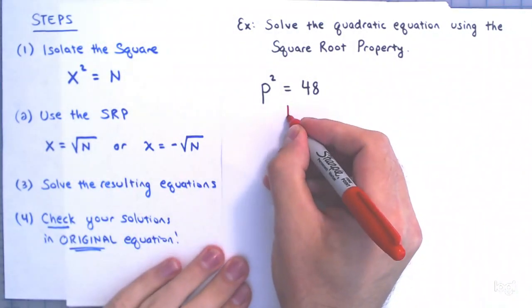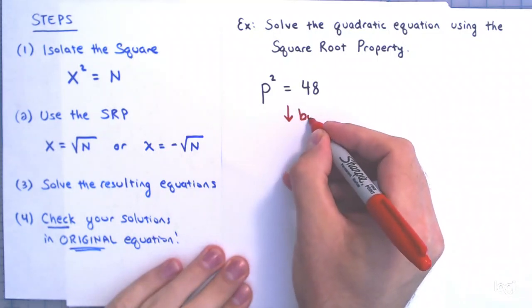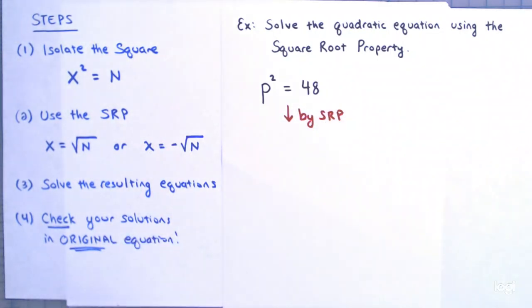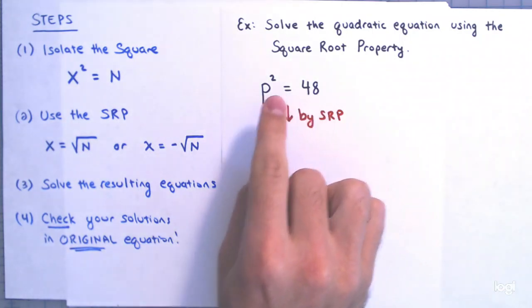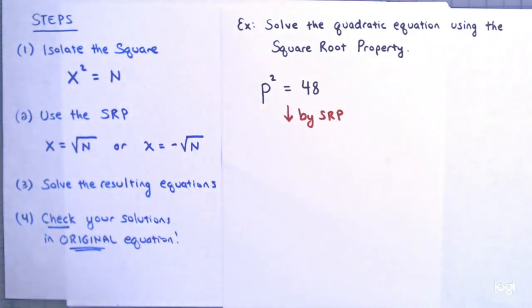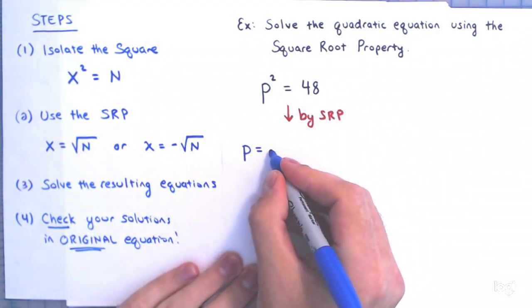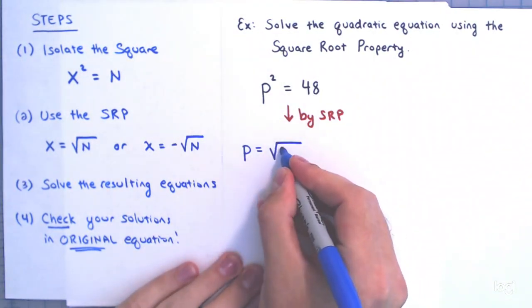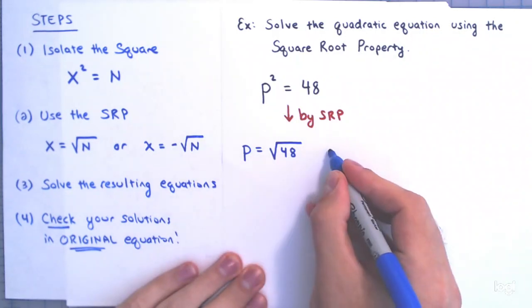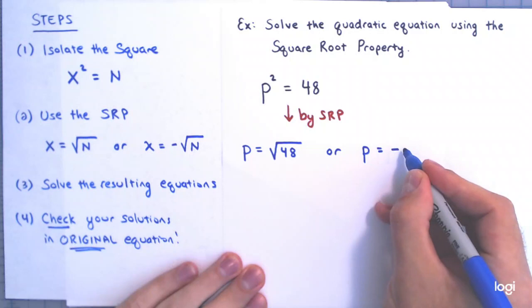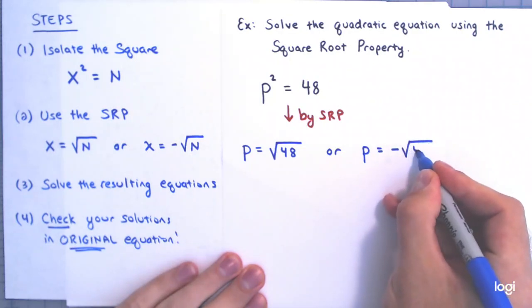Then here's where, by the square root property, the values of p that would make this a true statement, p could be the positive or the principal square root of 48, or p could be the negative square root of 48.